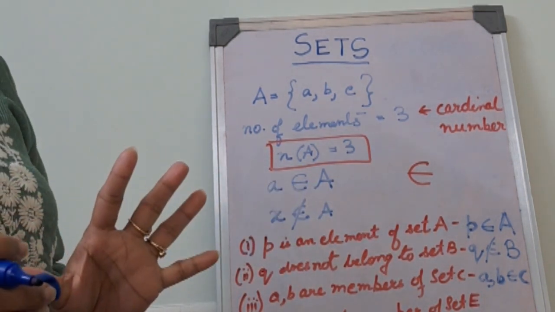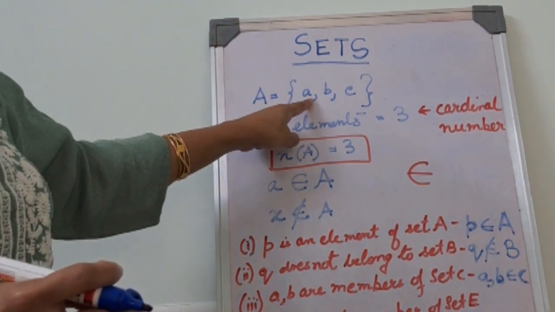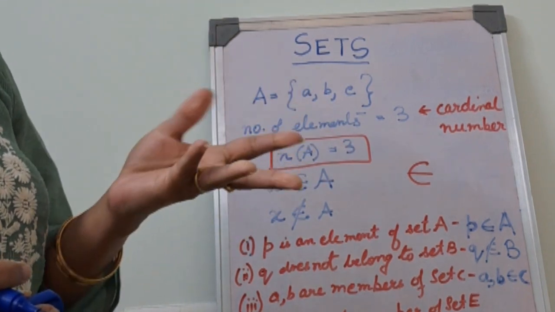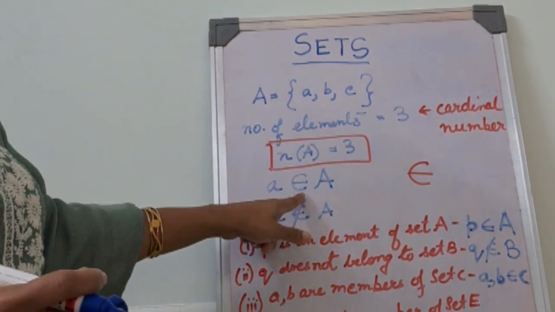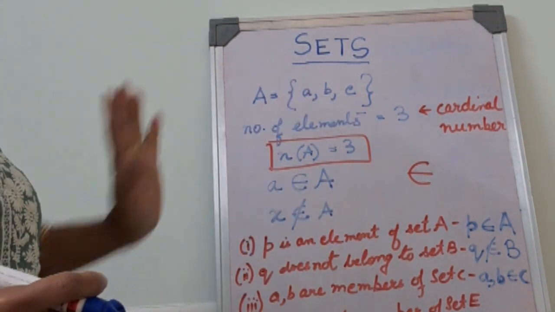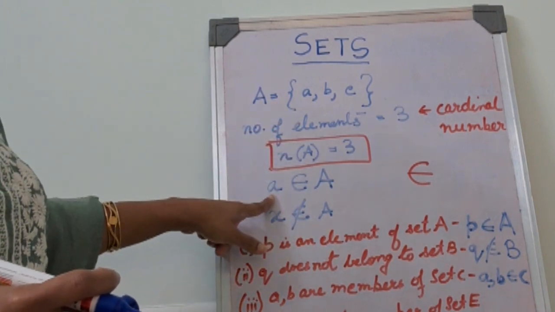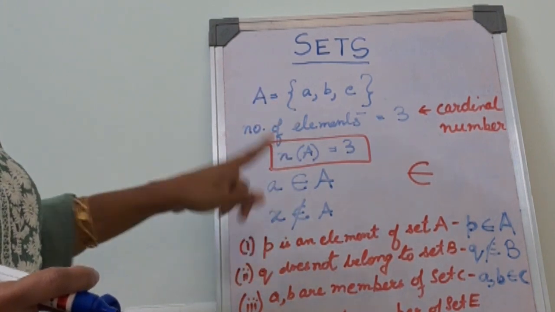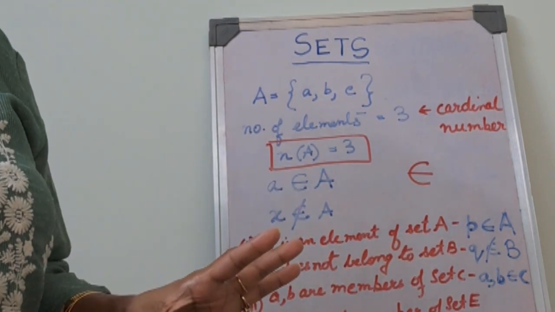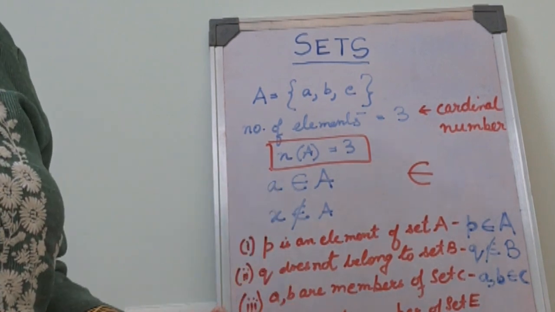I hope I am clear on this. When you are writing it as a set, you write A equal to a, b, c, all the elements that are there in set A. But the moment you write it with this symbol belongs to A, we no more put it under curly brackets. Then the meaning changes. So we write only the element. I hope it's clear to everyone. If you have doubts, you can always put a comment, and I will clarify your doubts either with another comment or in my next video.